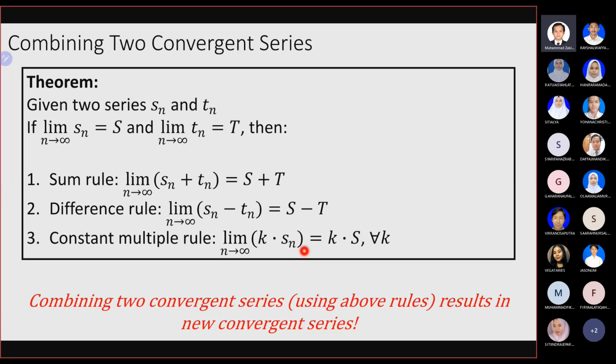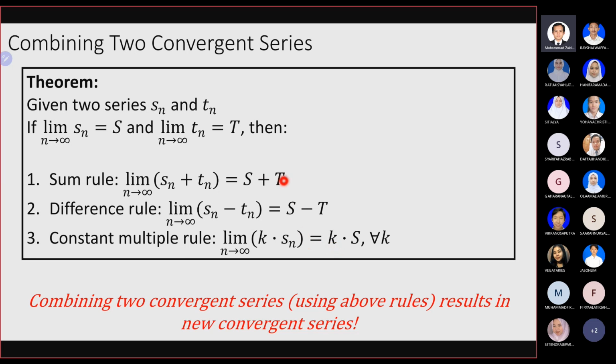Jadi kalau kita punya 2 deret yang konvergen, ya, maka 3 aturan ini berlaku. Ya, aturan penjumlahan, pengurangan, dan aturan perkalian dengan konstan, di mana konstan k ini bisa sembarang, ya, terserah kita, atau terserah soalnya, gitu ya.